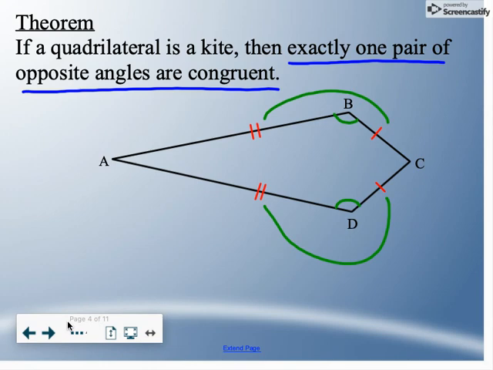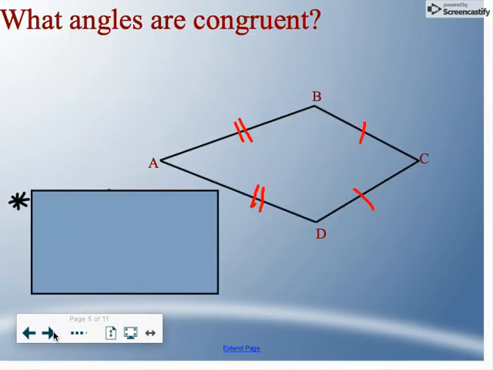So we have an example here. It says, what angles are congruent? Well, notice this side is congruent to this one, and this side is congruent to this one. On the last page, we talked about how the angles in between those two are congruent to one another.